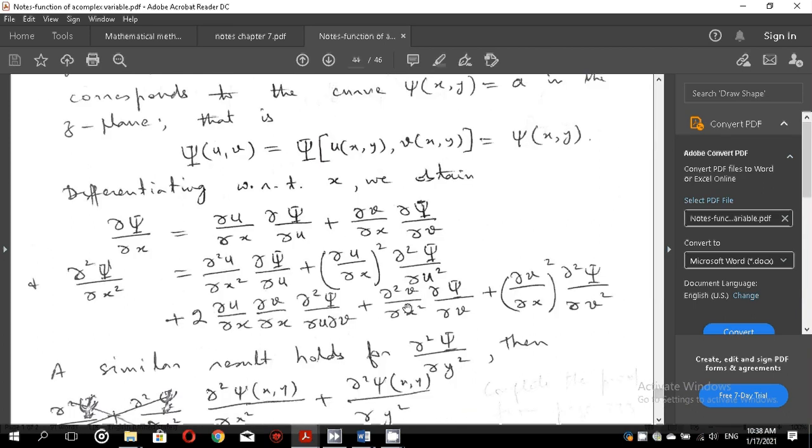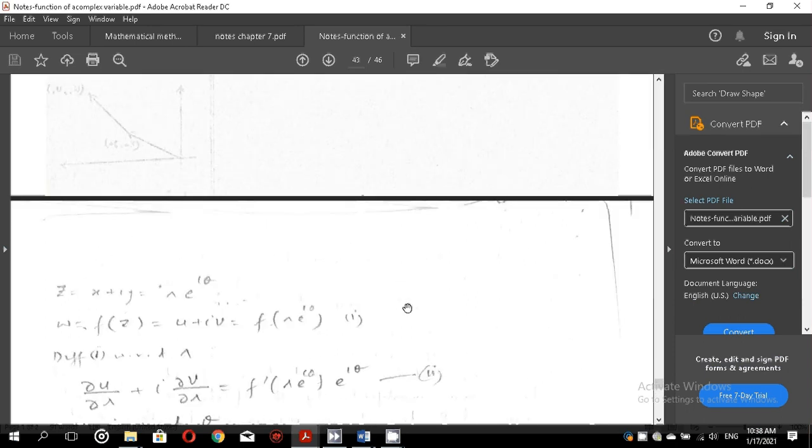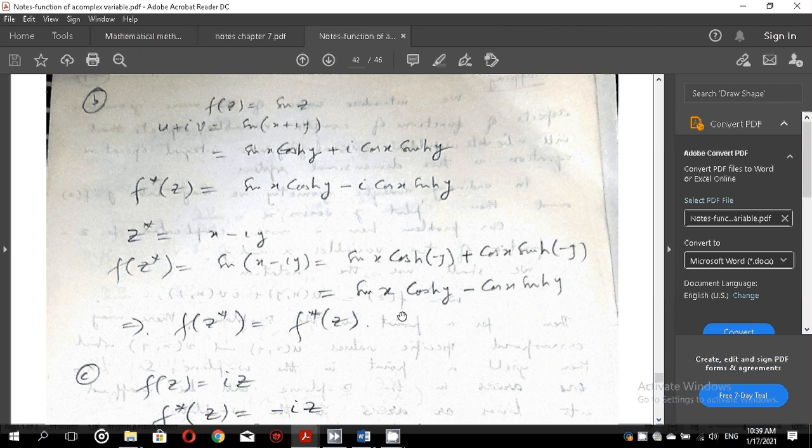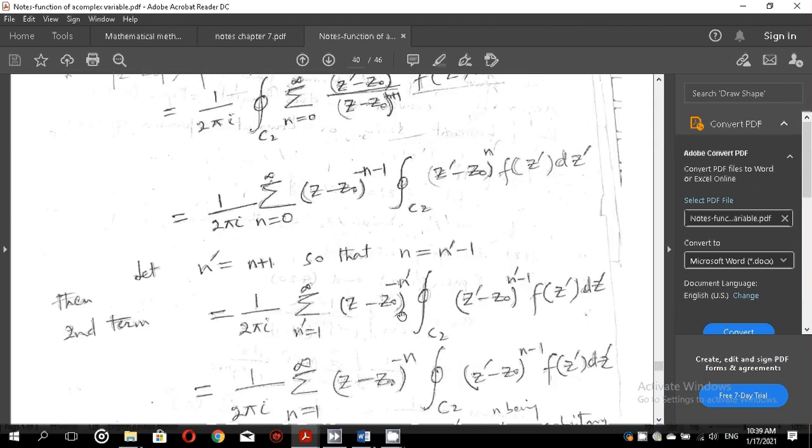I think I have skipped this. It is somewhere solved here on these pages which I have already sent to you.